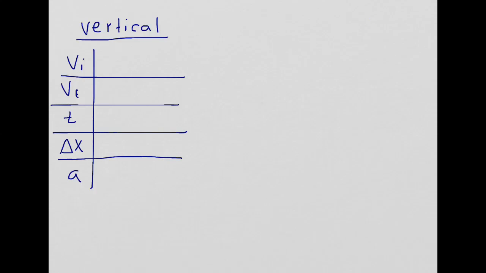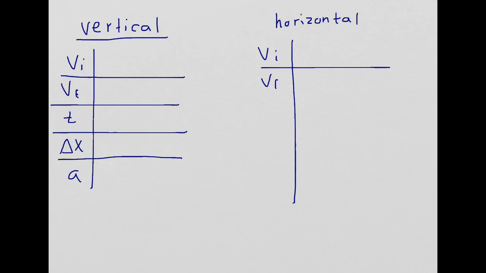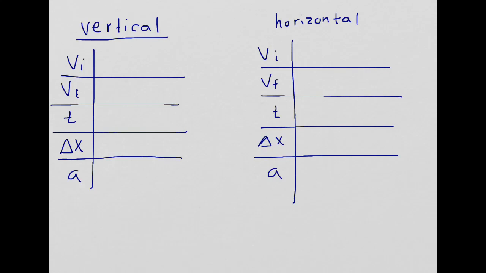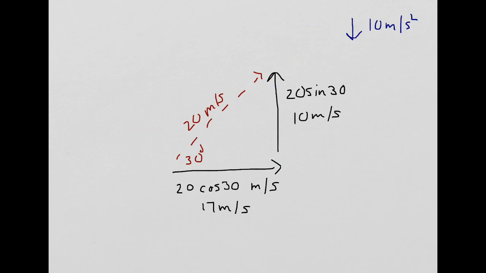And we'll also make one with respect to the horizontal. Okay, so we know that the initial velocity with respect to the vertical is this right here, so 10 meters per second.